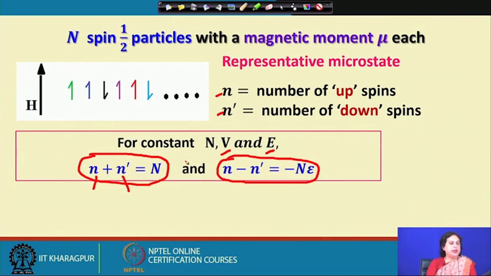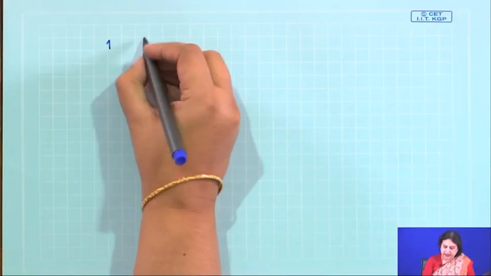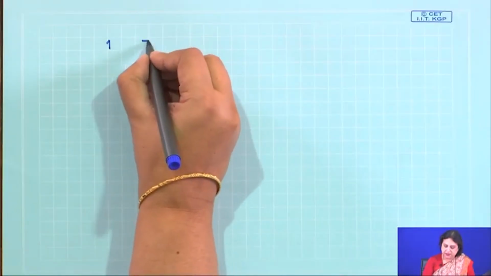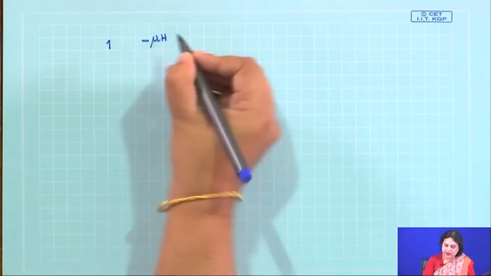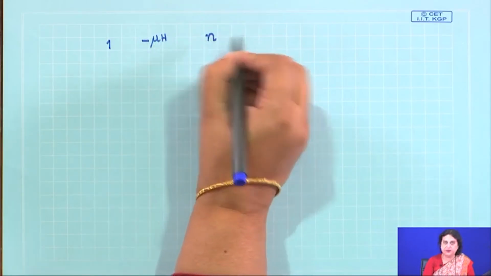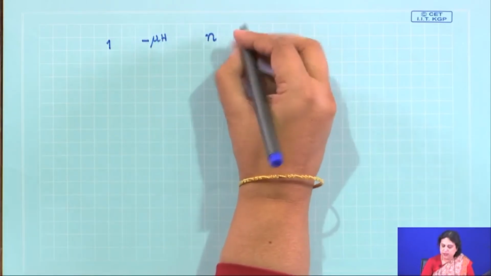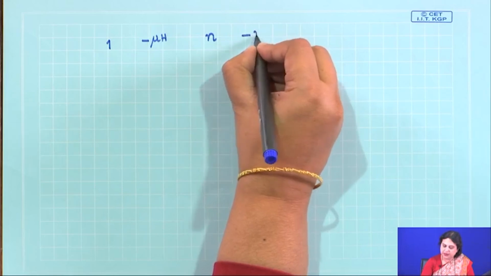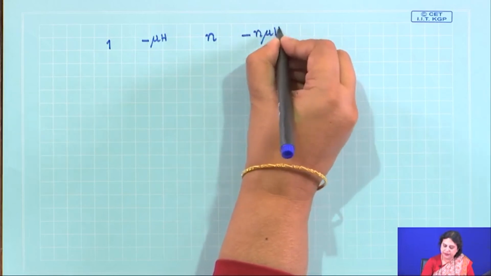Also, the total energy of the system imposes a restriction on n and n prime. For one up spin the energy contribution is minus mu h. So, when I have small n such up spins, the total contribution to the energy is minus n into mu h.